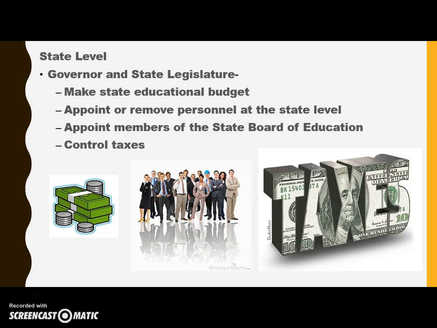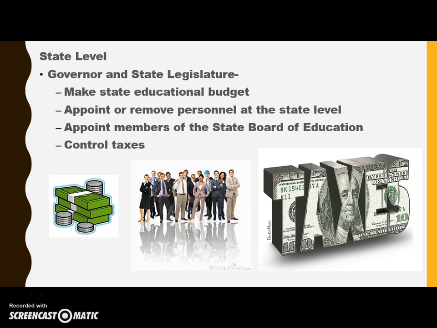At the state level, the governor and state legislature make the state educational budget, and appoint or remove personnel at the state level as needed if changes need to be made to bring about the desired results in the education system, maybe replacing some of the personnel to make that happen.